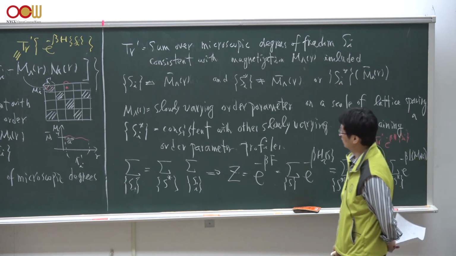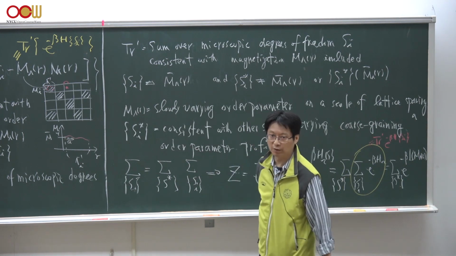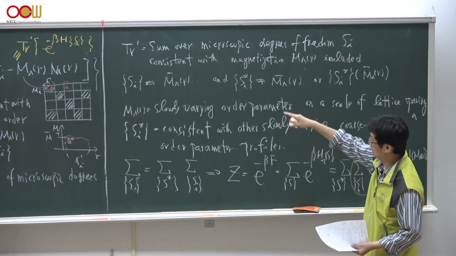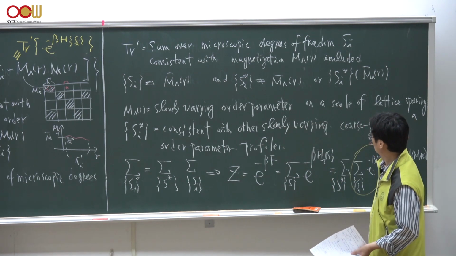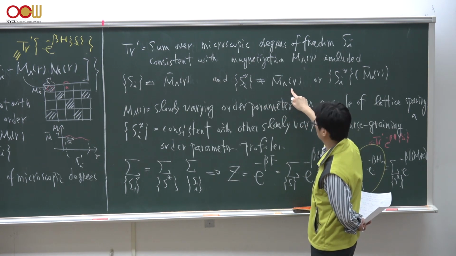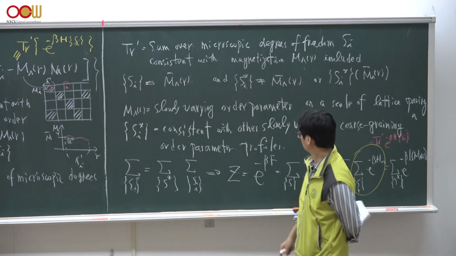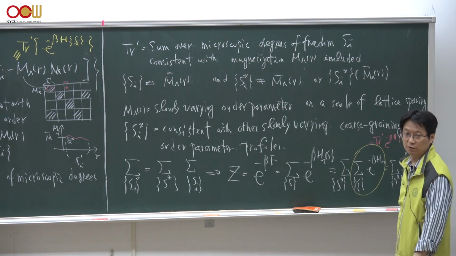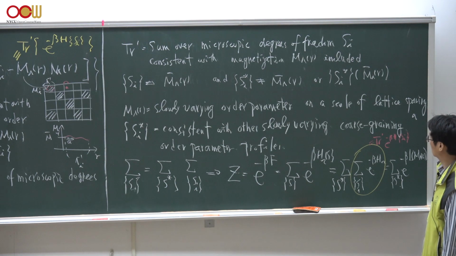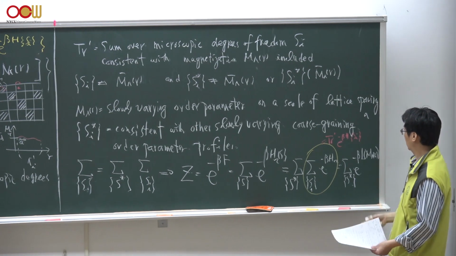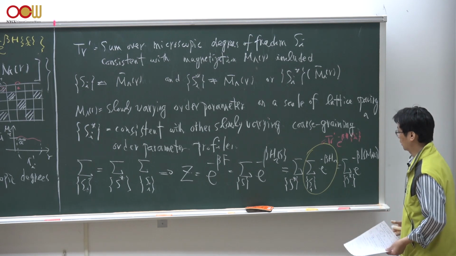But we know there are many other blocks and many other microscopic degrees of freedom for the whole system. For those spins which do not belong to the specific block spin, we denote them by S star, which simply tells us all the other slowly varying order parameters of the other blocks.